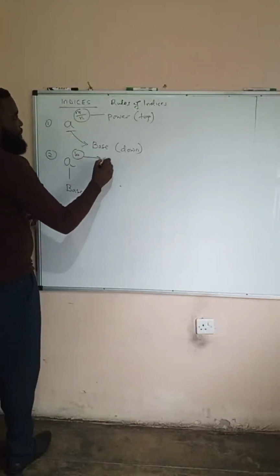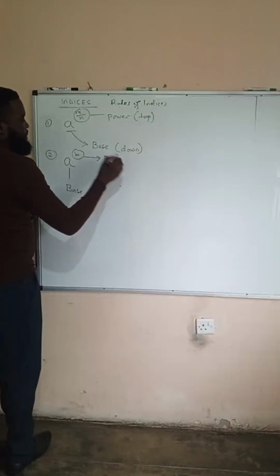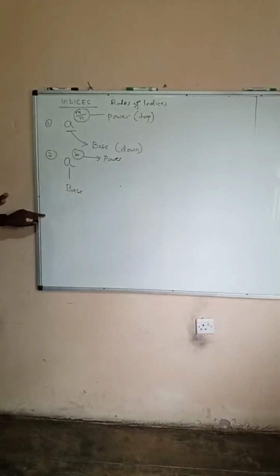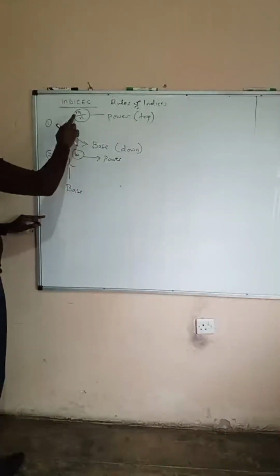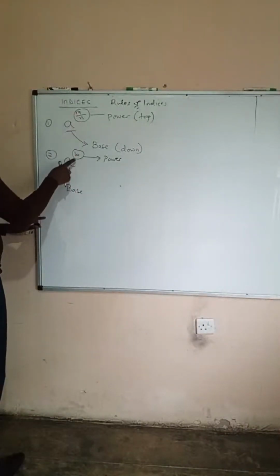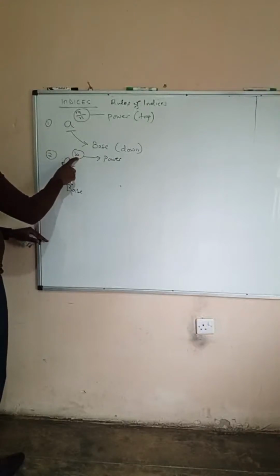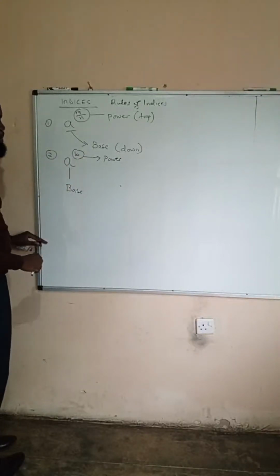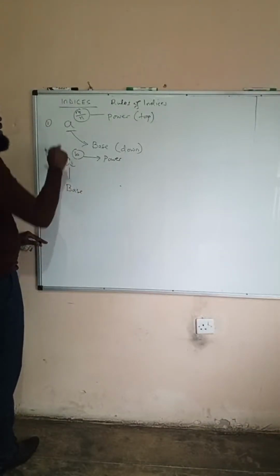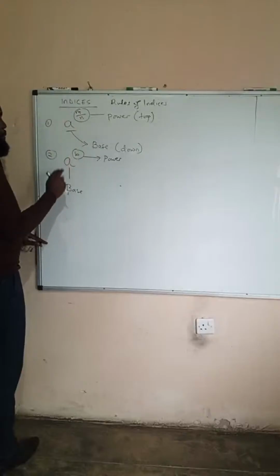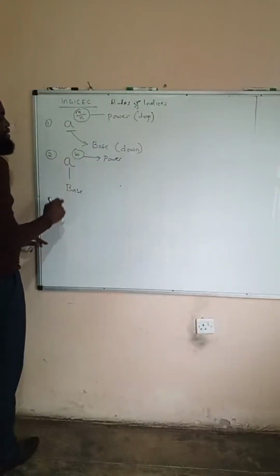B is the power. That's the first thing that you are supposed to know. Whether it's this or this, here the power is a fraction, m over n. Here the power is just a number b. I repeat, the base is down, power is on top.